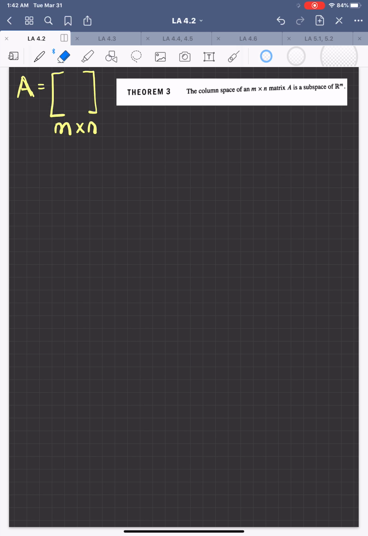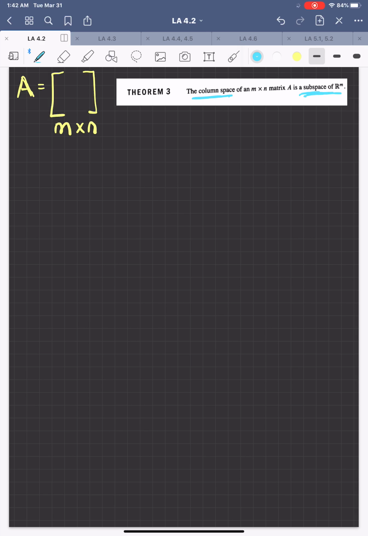So now let me read a theorem that kind of is born out of this. So every set of vectors is a subspace. Well, what's a column space? What's a set of vectors, right? For sure. So then obviously the column space is going to also be a subspace. A subspace of what?